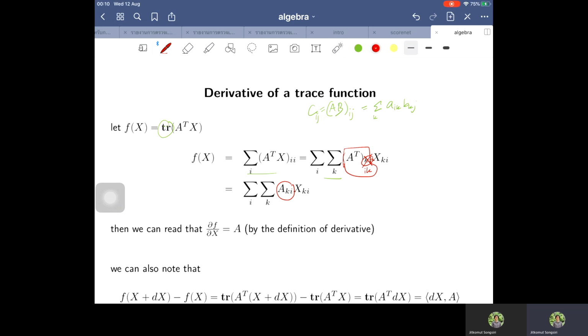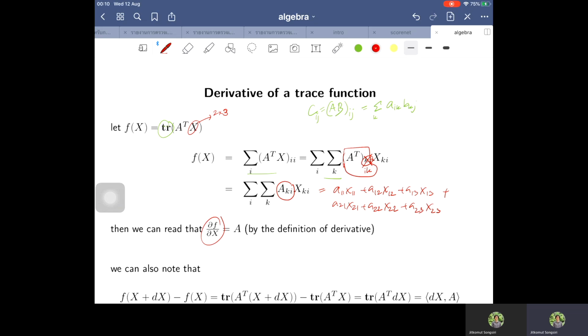basically, for example, if my X is 2 by 3, this is just the sum of A11 x11 plus A12 x12 plus A13 x13, and next is going to be A21 x21 plus A22 x22 plus A23 x23, and that's it.